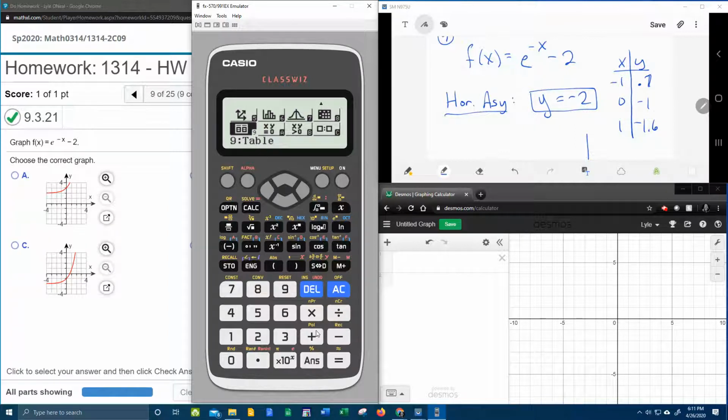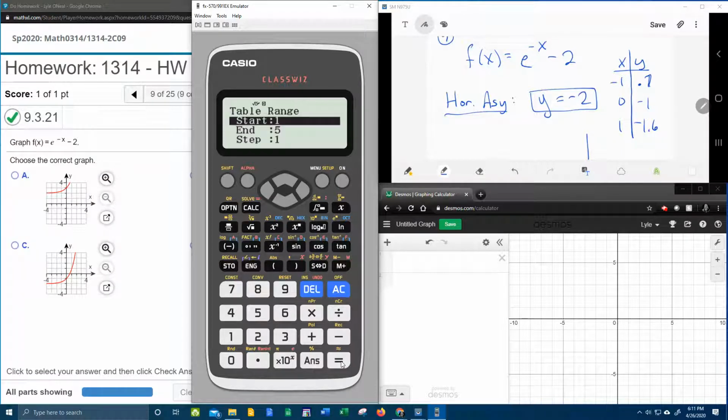So we're going to hit equals to select. It's going to ask us for our function, which is shift ln e to the negative, and then here's an x. It's in red, so we need to hit alpha for that. E to the -x minus 2. If I hit equals, it'll also do another function, but I don't have another function, just f of x.